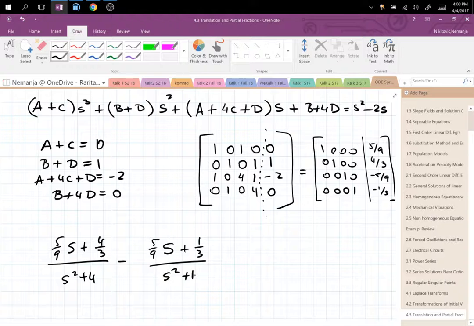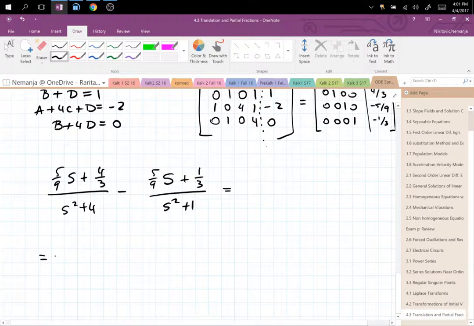So now that you have this, you split and you look at your chart. So what do I have?